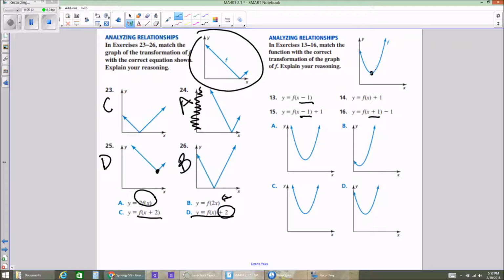Okay, so here's our vertex. Take a look at these. What do you think? Hopefully you're saying B for 16, where you're going to go down 1 unit.